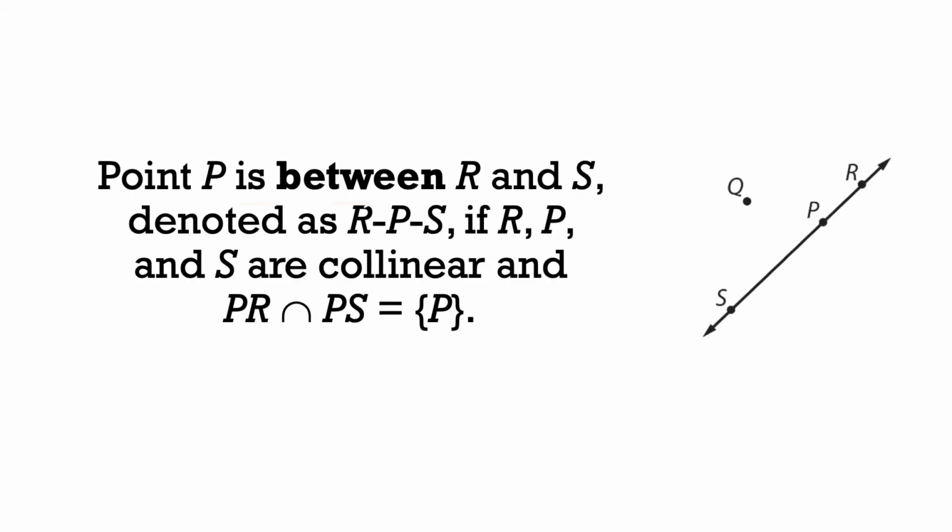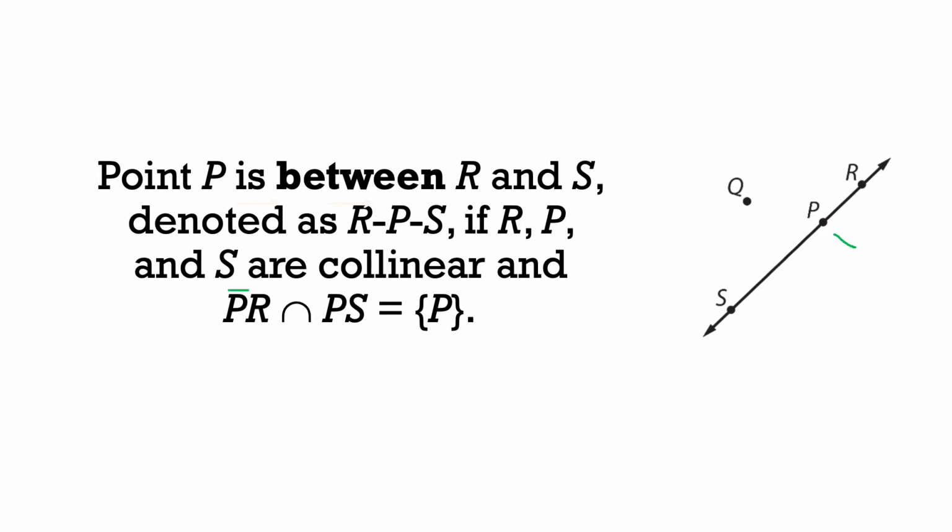So this is the definition for between, and I know it sounds silly to have a definition for this, but in geometry they're very particular about how words are used and how we use them to prove things. Okay, so point P is between R and S, and we can see that right here. It is denoted RPS, so notice it's the order that it's in, and they are collinear.